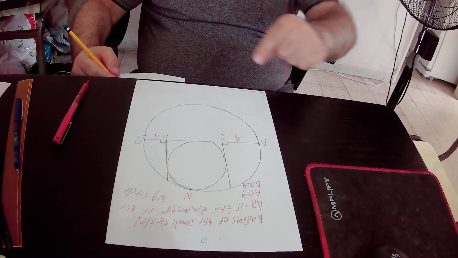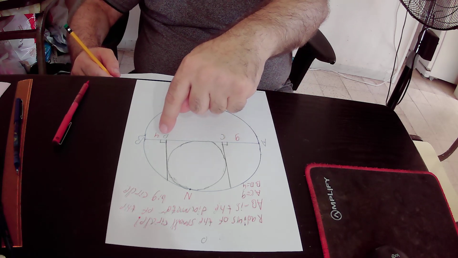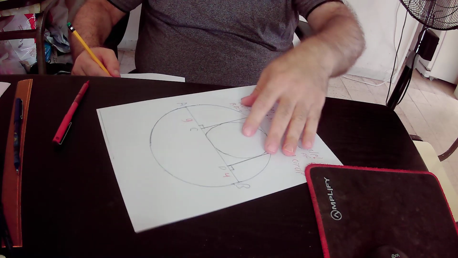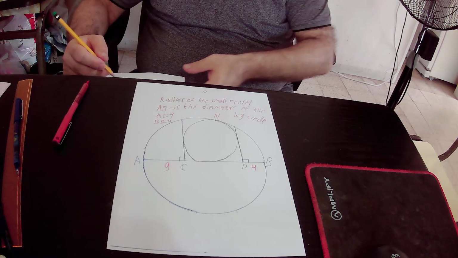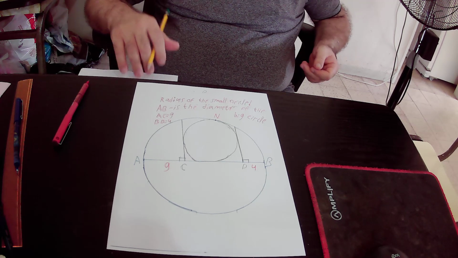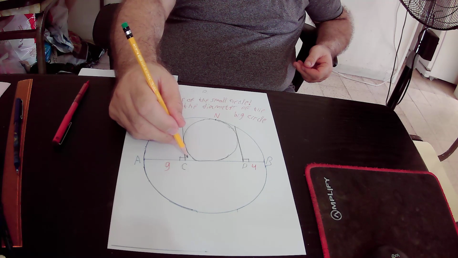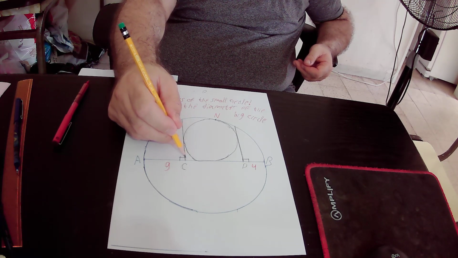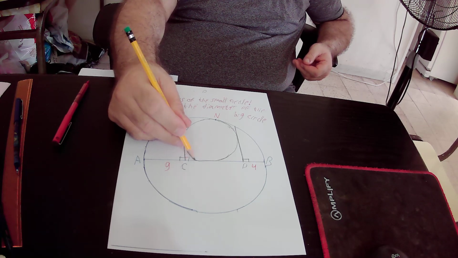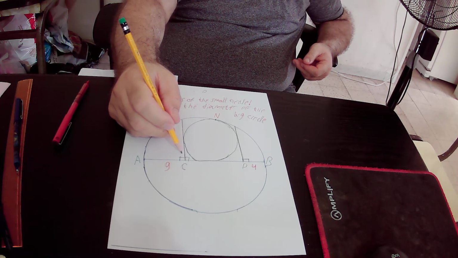We also know that this angle is a right angle, and also this is a right angle. It equals 90 degrees, and actually this angle also must be equal to 90 degrees, because of the rule that the sum of the angles on the upper side of a straight line equals 180 degrees.